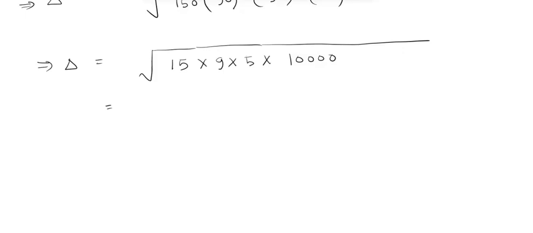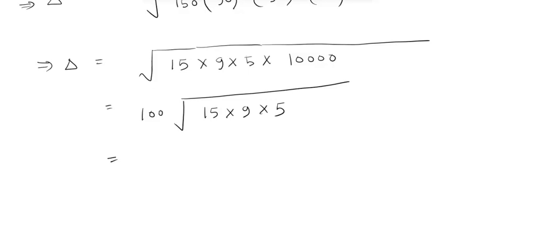So 10,000 remove from square root, so we will get 100 in bracket in square root 15 multiply 9 multiply 5.